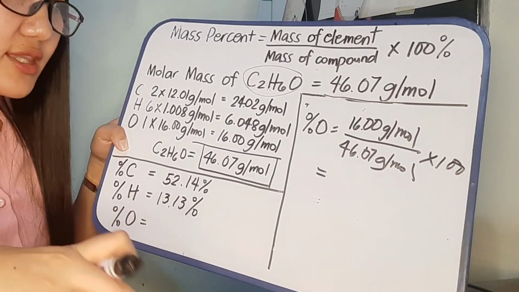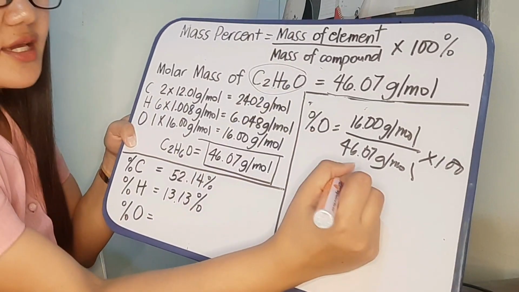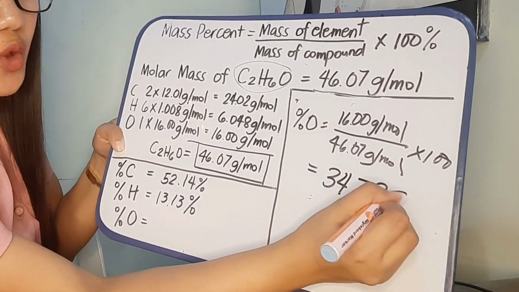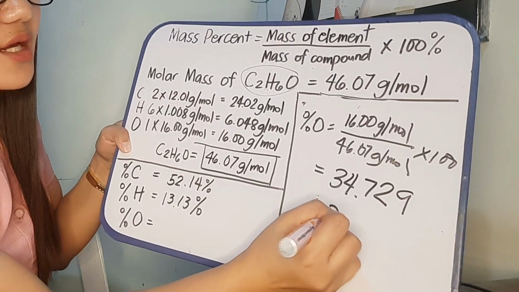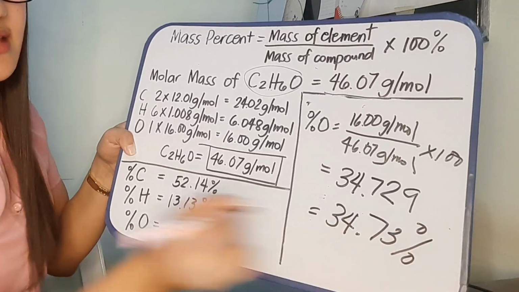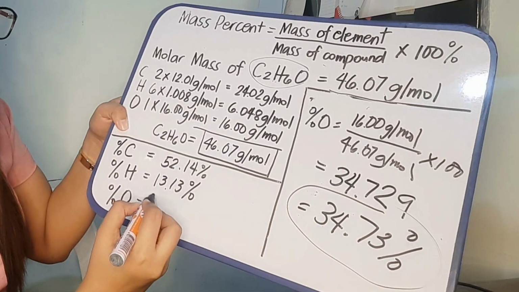So, calculate ulit natin siya. 100, and that is 34.729. So, pumapatak na siya ay 34.73%. So, ito po ang ating percentage ng ating oxygen.